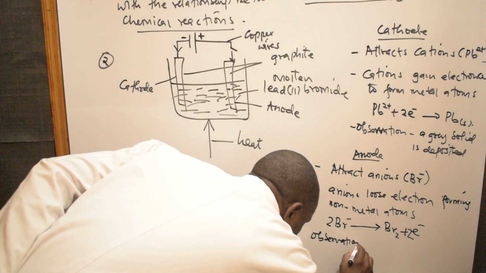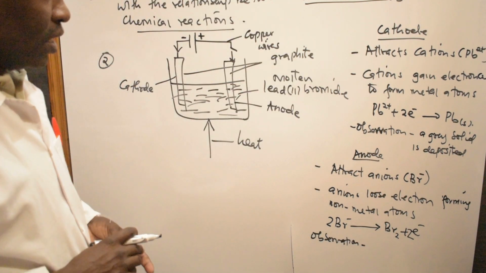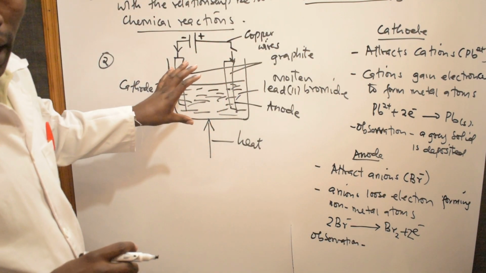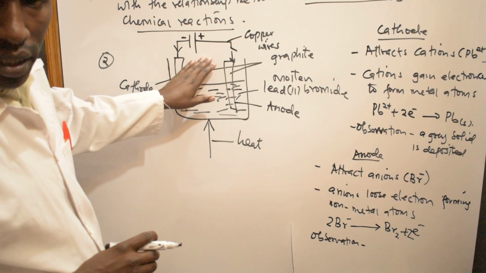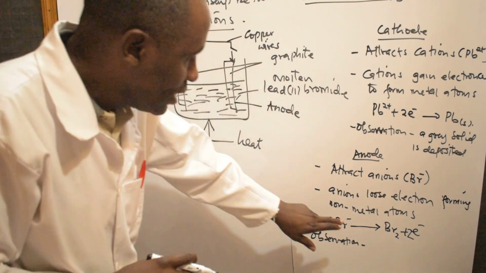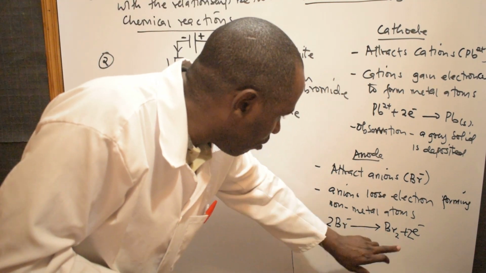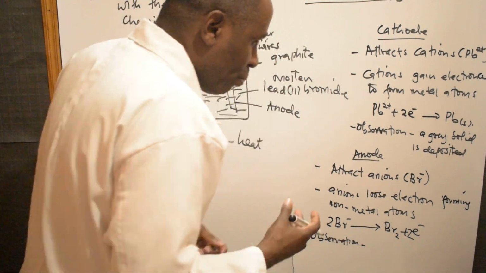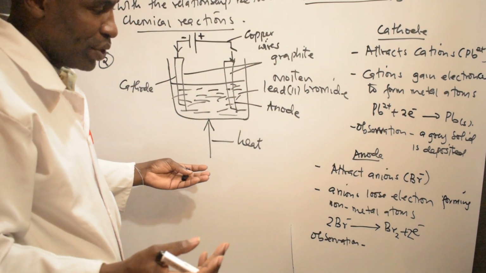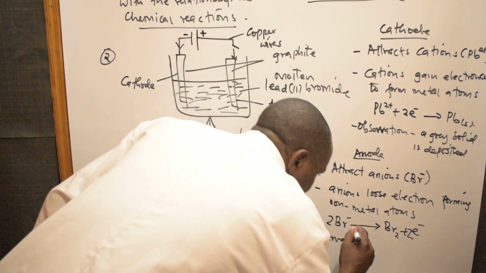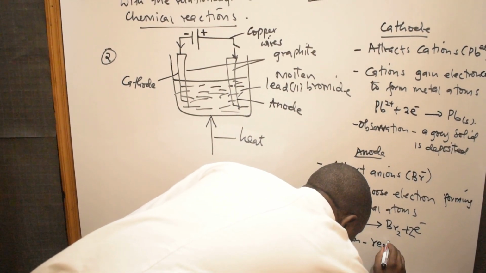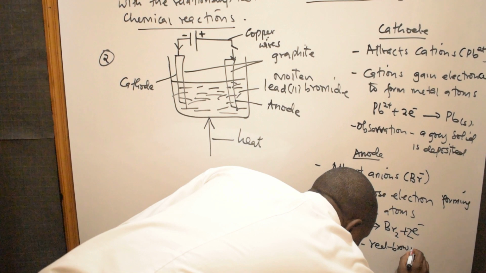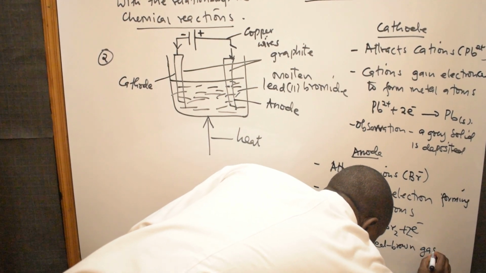Now, what we are going to observe in this electrolytic cell here is the formation of this brown gas. Now, the formation is not an observation. The observation is what we actually see. So what are we going to see here? We say here a red-brown gas. Look at that, a red-brown gas produced.